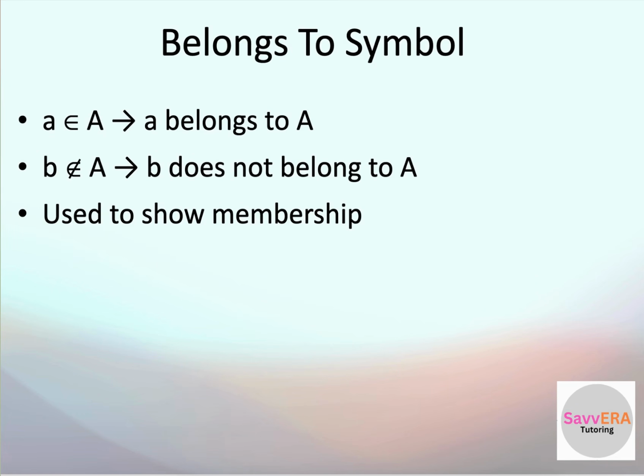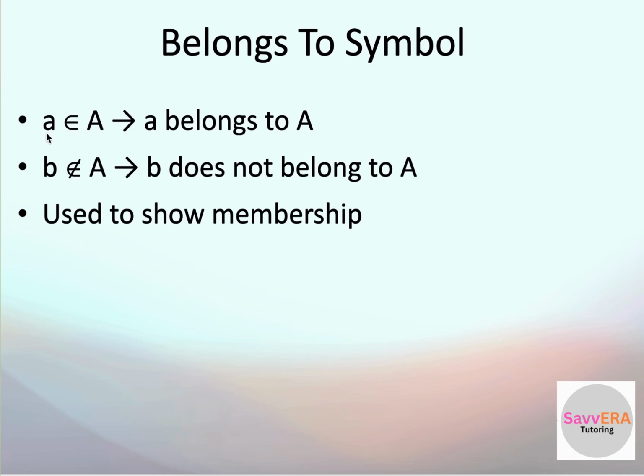And then the important symbols that we need to be aware of is this symbol right here. This symbol right here is an epsilon sign, which means belongs to, okay?